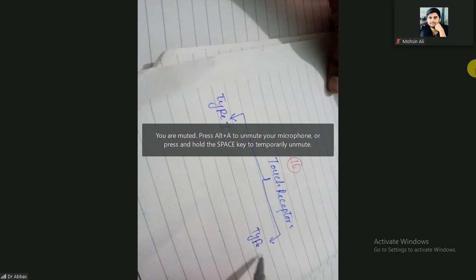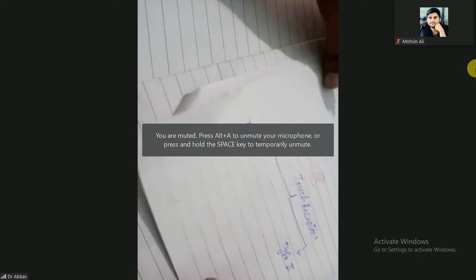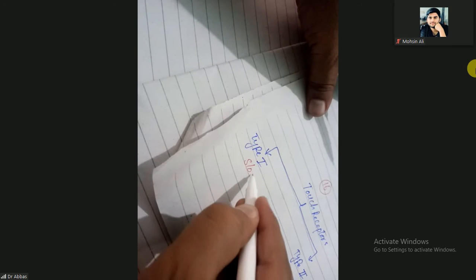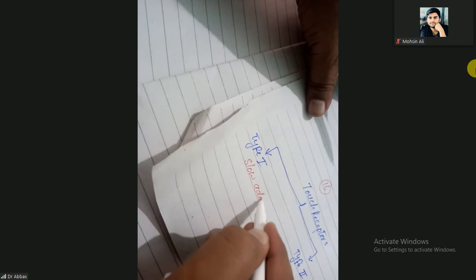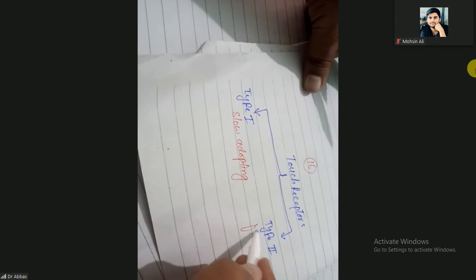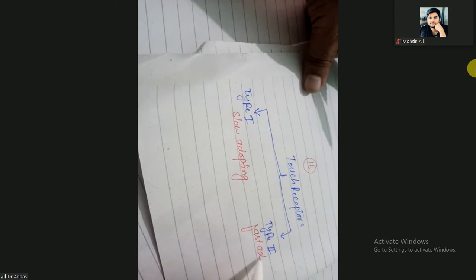The type 1 are slow adopting, and type 2 are fast adopting or rapid adopting.